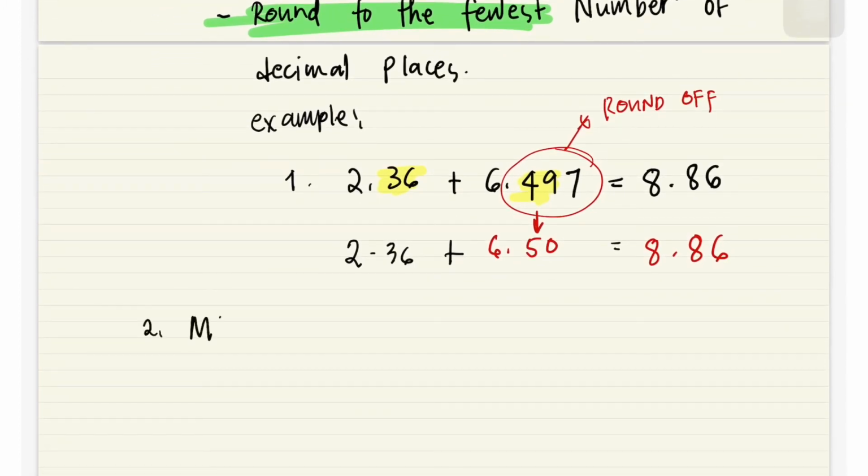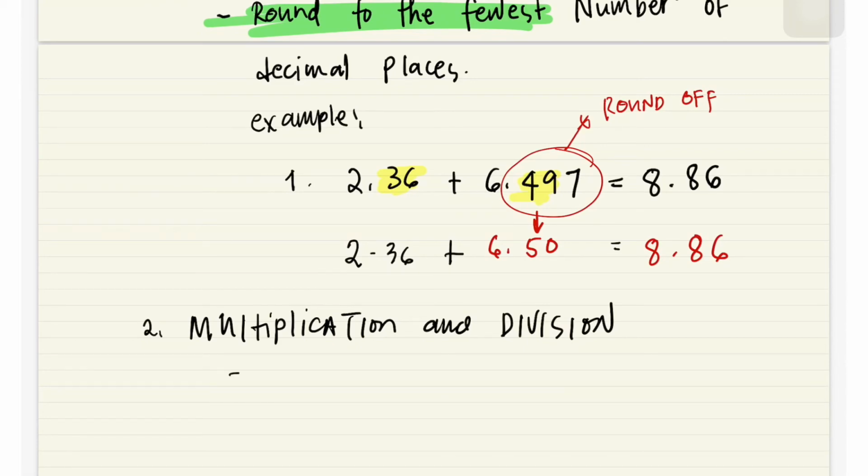Number 2, multiplication and division. Again, we use round to the fewest number of significant figures.